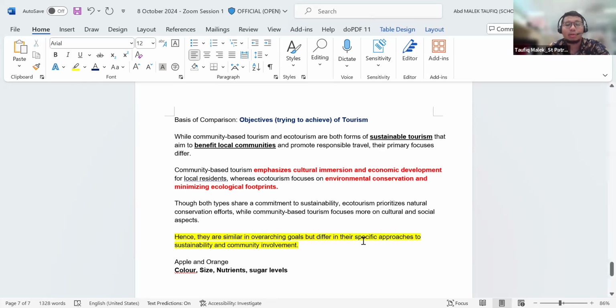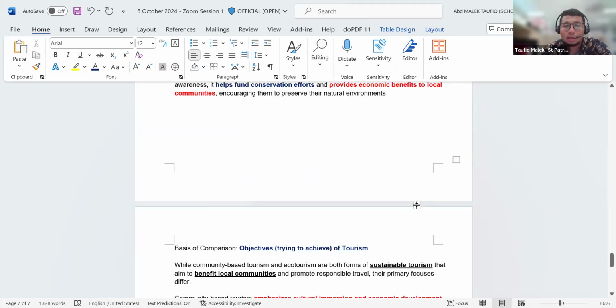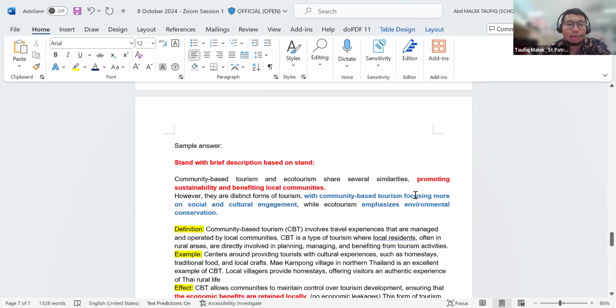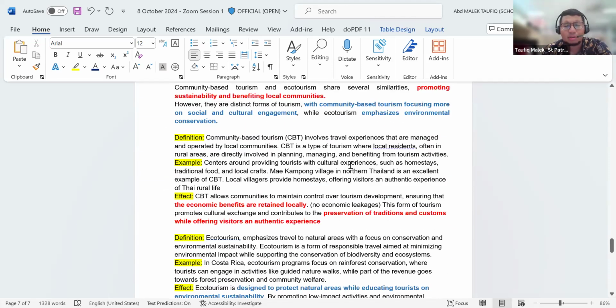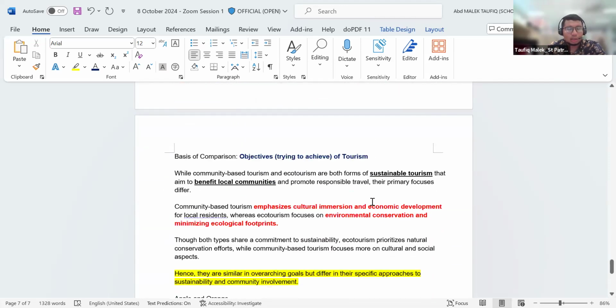Hence, they are similar in the overarching goals, which is the bigger goals, but different in specific approaches to sustainability and community involvement. So this is the basis of comparison that I'm looking at. So this is how you do your 9 mark question. Yes, it's a lot. It's really standardized.